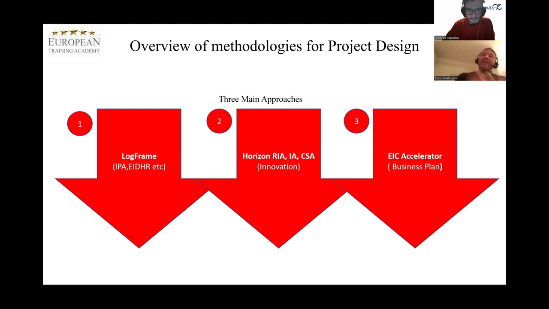Why they typically fail in this accelerator arena is because they're not taking into account the logic that I presented to you in the first slide when I started, politicians, Commission, and us. So you're submitting your proposal essentially to the policy officers.